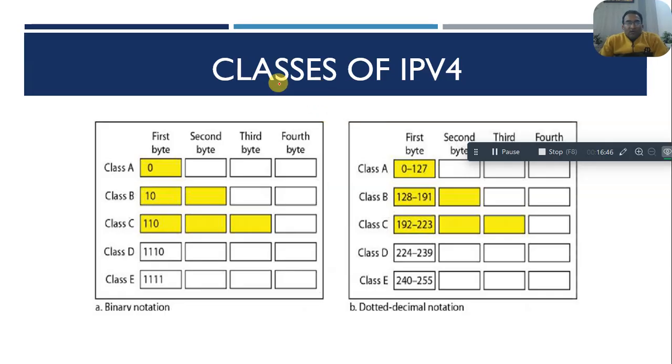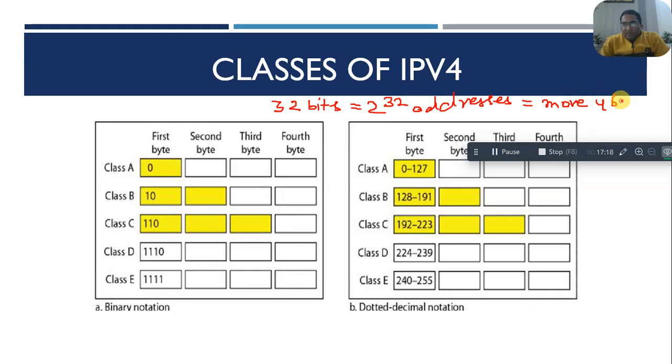Now the next part of IPv4 is about the classes. You will see this particular diagram. The whole address space of IPv4, which is of 32 bits, gives 2 to the power 32 addresses, which is more than 4 billion addresses.